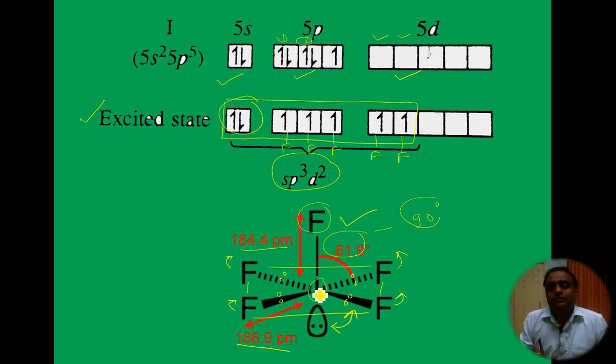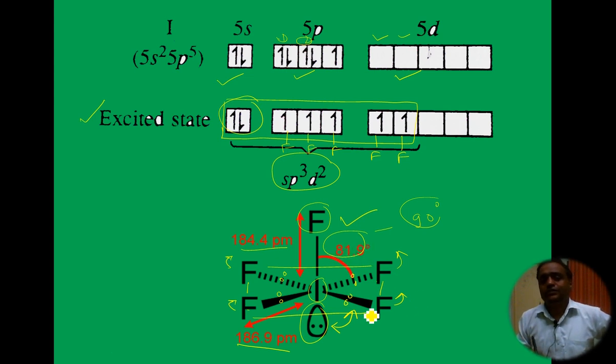So this bond length is also influenced because of this lone pair. Okay, understood why this angle is less than 90?